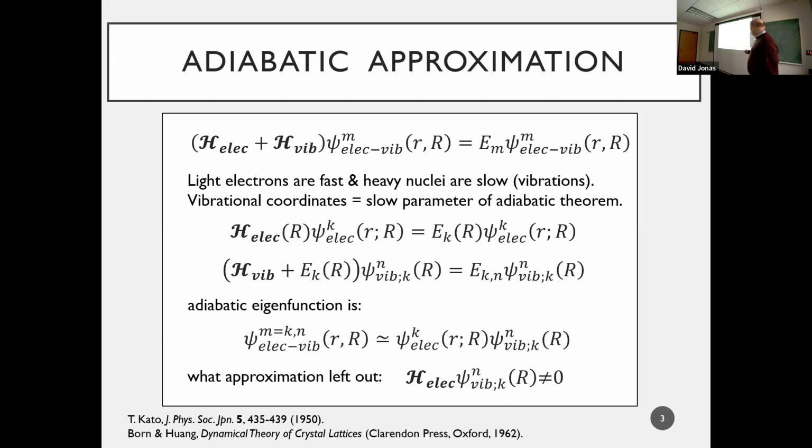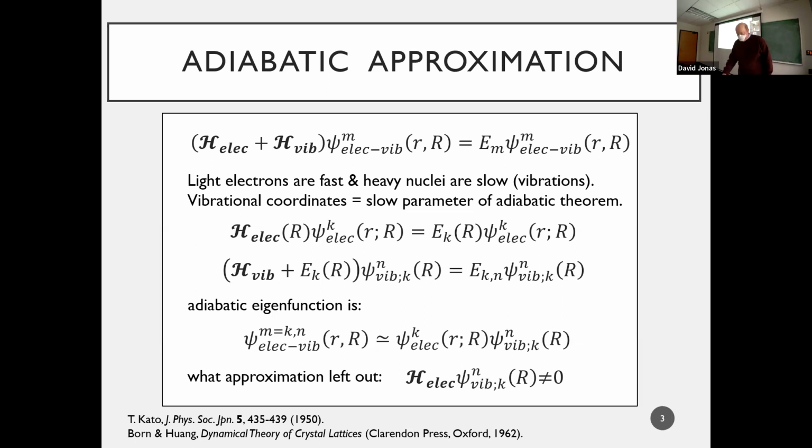What we left out is this pesky thing where the electronic Hamiltonian actually has an effect on the vibrational eigenfunctions, and so you're approximating that as zero. In the sense of light electrons being fast, you're thinking about large energy gaps so that the Bohr frequencies are high, and then that should be just fine.